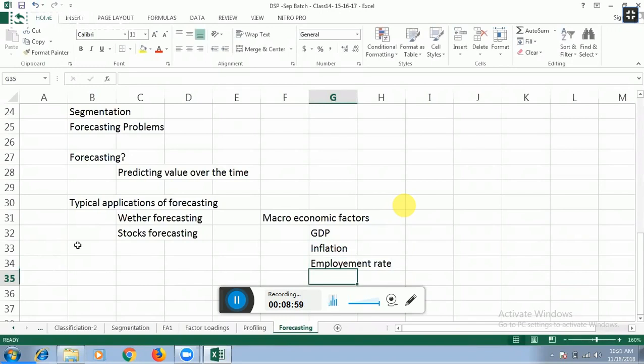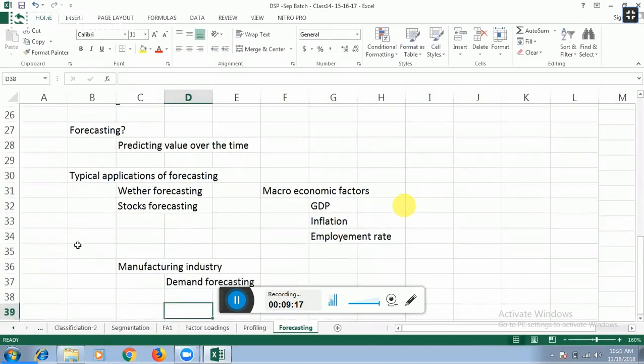So like this, you can see some of the macroeconomic factors, and the most important thing in the manufacturing industry, etc. is demand forecasting.